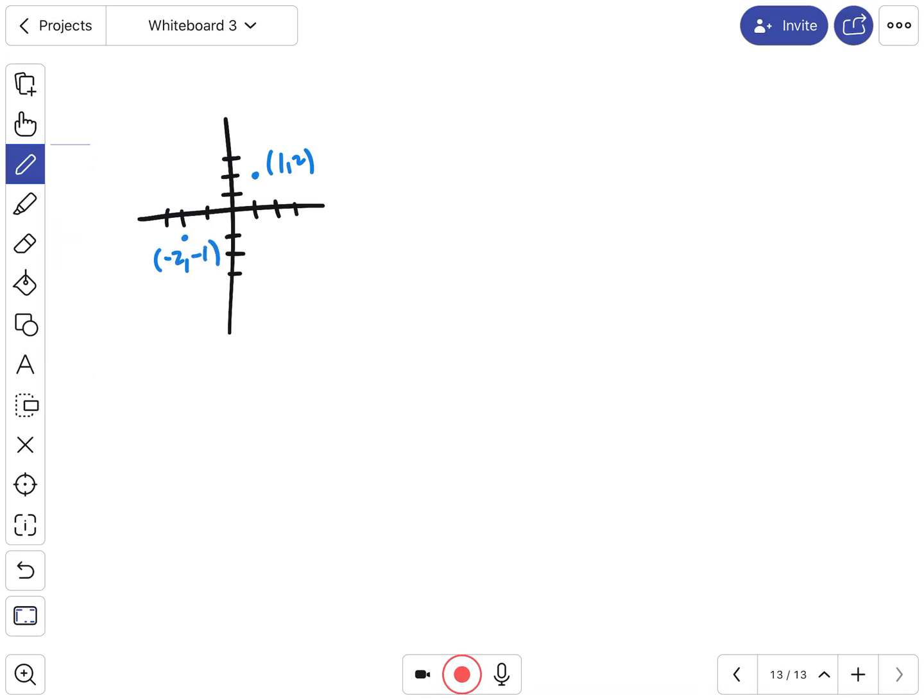If you're doing function notation here, you could be given something like f of 1 equals, and that's saying here's the x. Now it wants to know what's the y, kind of filling in the blank. So where's the x value of 1?